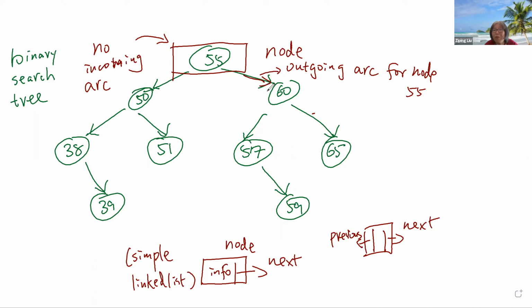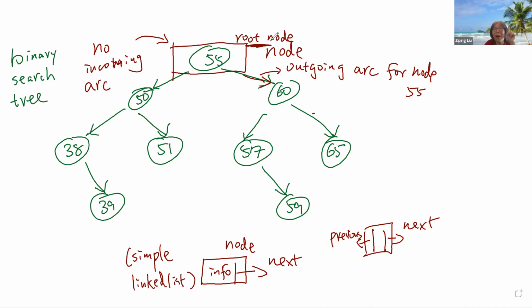For node 60, the arrow from 55 is considered an incoming arc. But this specific node doesn't have any incoming arc, and we call it a root node. It's a kind of upside down tree, so that's why we call this specific node a root node.